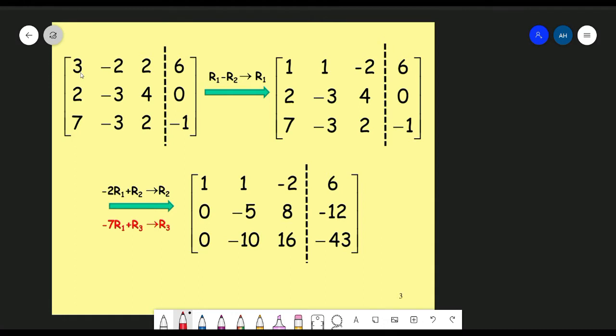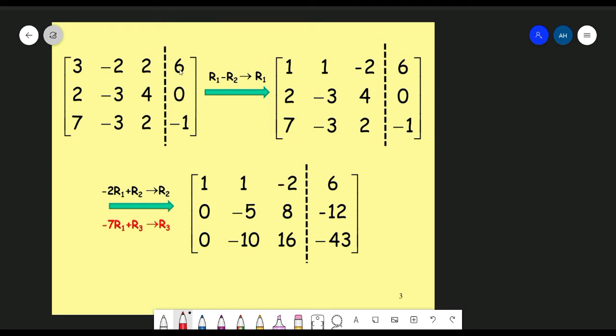We have 3. So how to do that? Maybe we can divide row number 1 by 3. Yes, we can get our leading one in this position, but that will involve fractions. We'll have -2/3, we have 2/3 also, and then 6/3 is equal to 2.